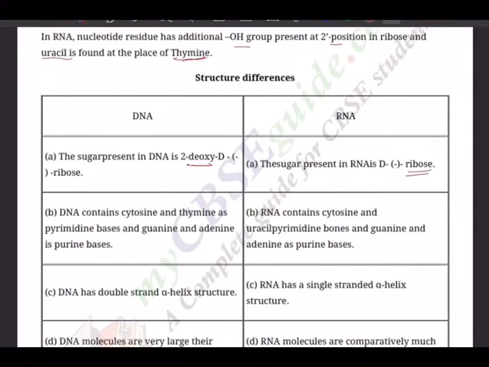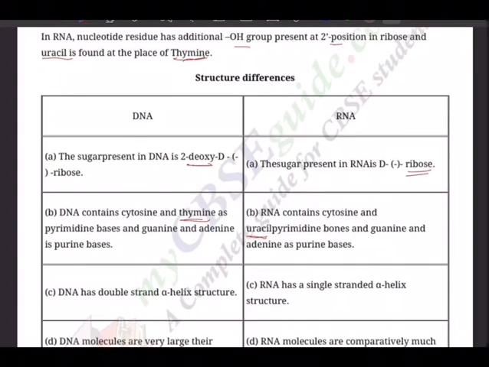DNA contains cytosine and thymine as pyrimidine bases, guanine and adenine as purine bases. And RNA contains cytosine and uracil. This is important: in place of thymine, uracil will be there as the pyrimidine base.